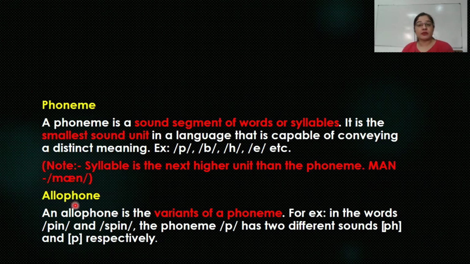Now what is an allophone? An allophone is a variant of a phoneme. For example, in the words pin and spin, the phoneme P has two different sounds.